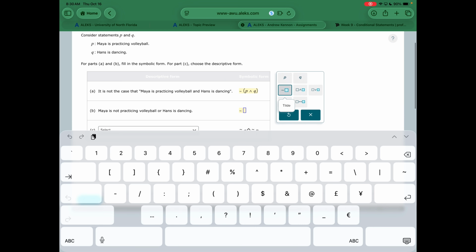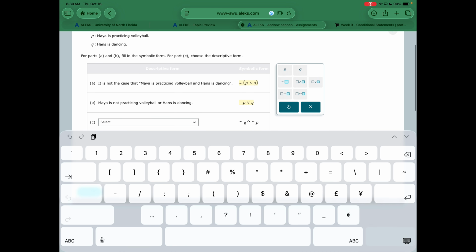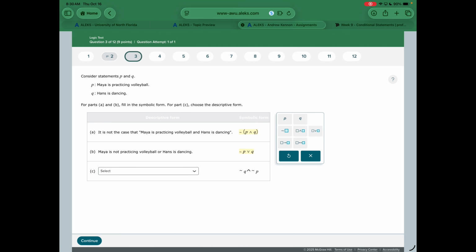Maya is not practicing volleyball or Hans is dancing, so not P or Q. And then the last one here is not Q and not P. So not Q would be Hans is not dancing, and Maya is not practicing volleyball.